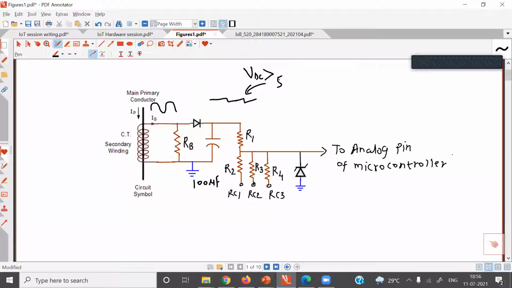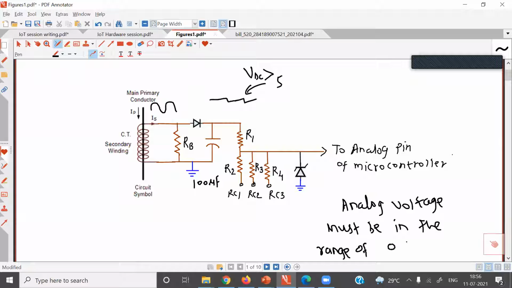That is, reading for 5 volt and reading for 5.5 volt will be same. You cannot differentiate the current. So therefore, when you do signal conditioning circuit for measurement of AC current, you must ensure that voltage applied on analog pin of the microcontroller should be in the range of 0 to 5 volt.